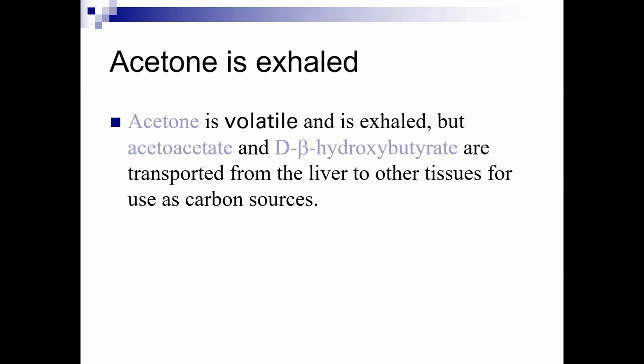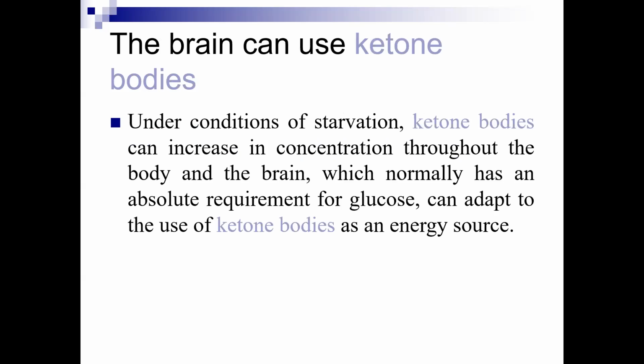Ketogenesis is enhanced by the hormone glucagon. It is, however, inhibited by the hormone insulin. So the brain tends to want to use glucose. During periods of starvation, the brain can use ketone bodies.